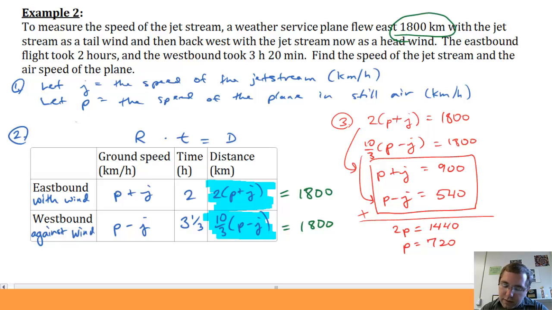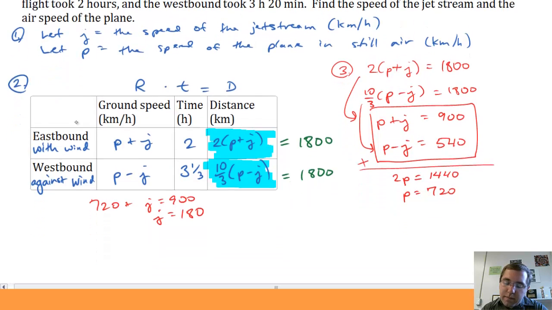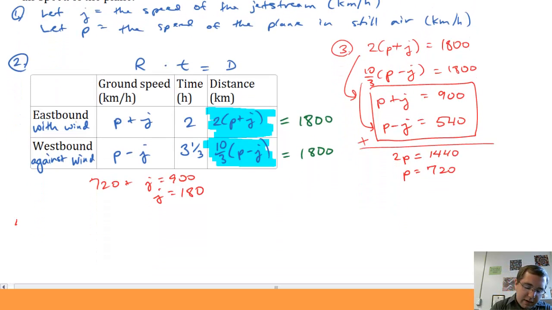And then we could plug that into either one of our original equations: 720 plus J equals 900, so J, the speed of the jet stream, is 180. And then let's answer the question.